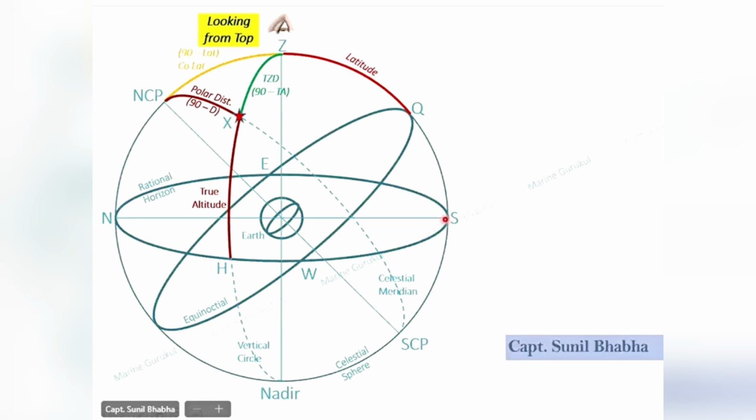So for this, we visualize as if we are looking at the celestial sphere from the top of the zenith. Right now we are looking at the celestial sphere somewhere from this west point, from this angle, but assume for a moment that you are able to go up to the zenith.